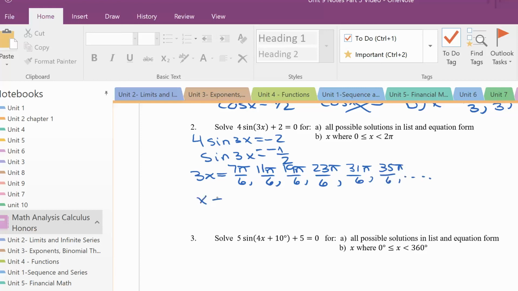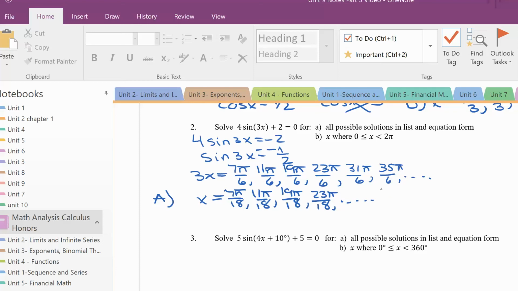Now, if you divide by 3, that gives you your list for part A. So if you divide by 3, you get 7 pi over 18, 11 pi over 18, 19 pi over 18, and 23 pi over 18. So there's our list.